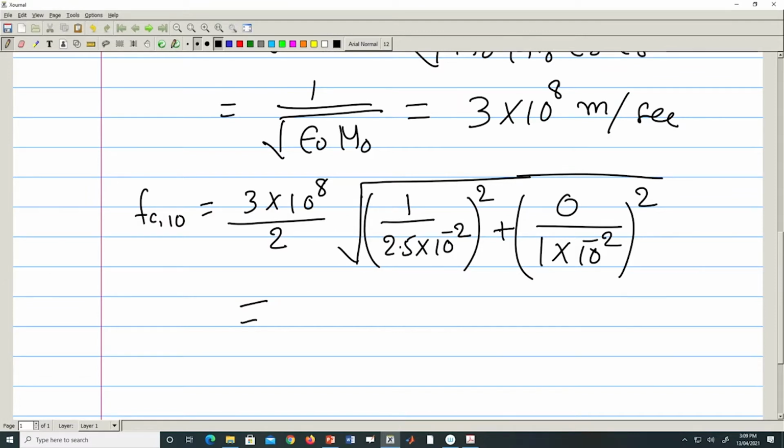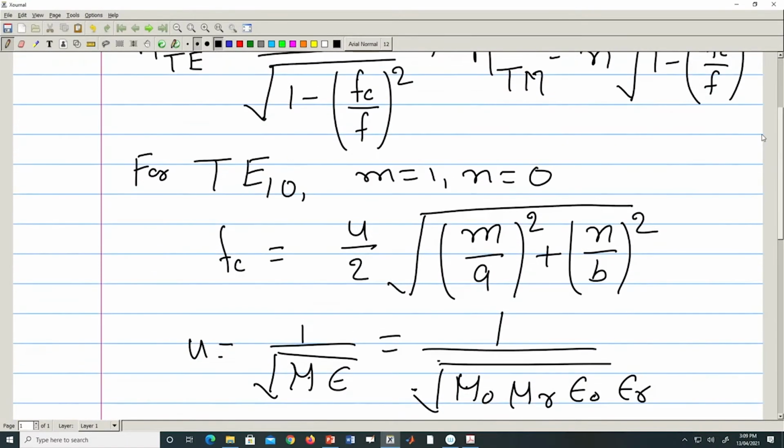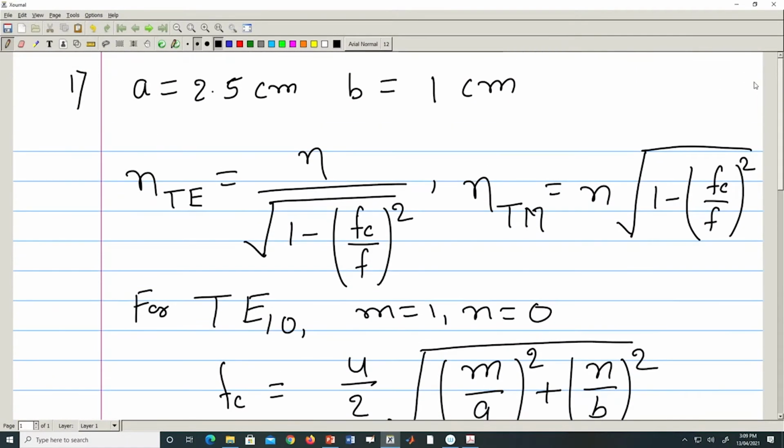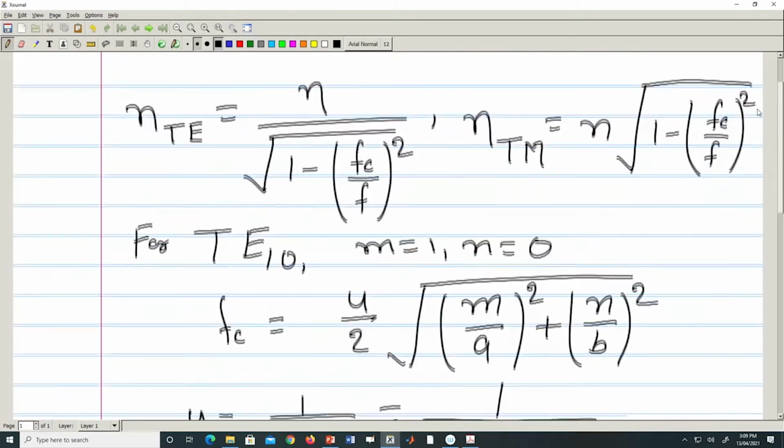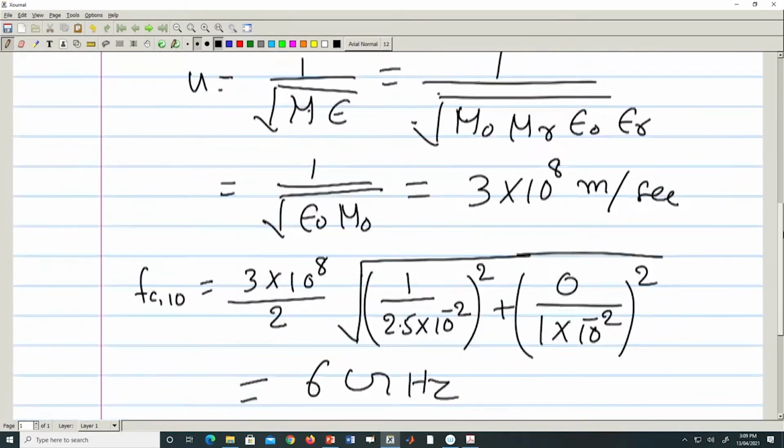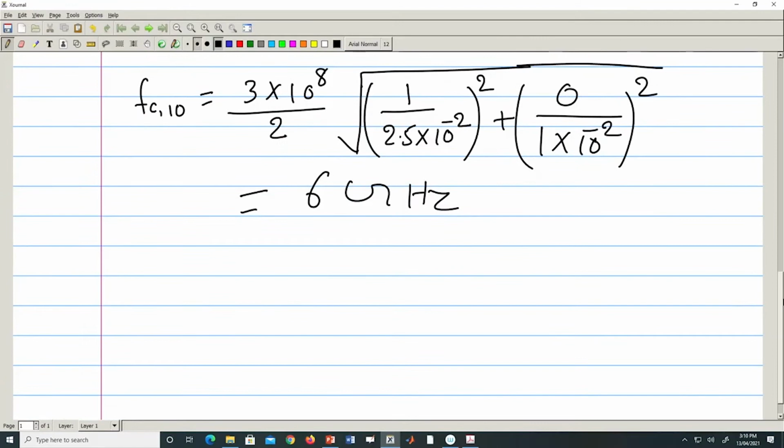Similarly, we can calculate the cutoff frequency for the TM11 mode. But first we can calculate the wave impedance for the TE10 mode. So, eta TE10 will be eta upon the square root of 1 minus fc upon f whole square.